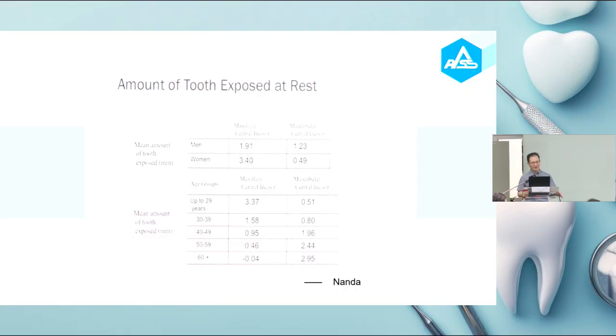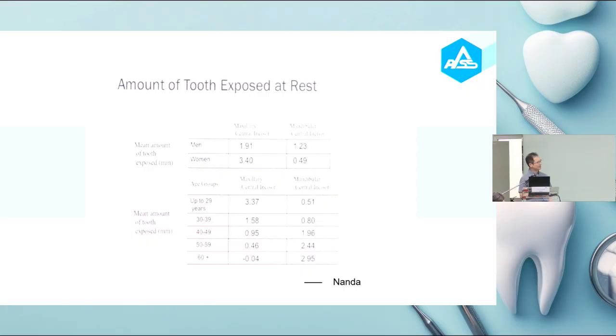So when intruding the anterior teeth, it is very important to pay attention to the patient's sex and age. According to Nanda's study, the mean amount of teeth exposure in men is 1.9, while it is 3.4 in women.